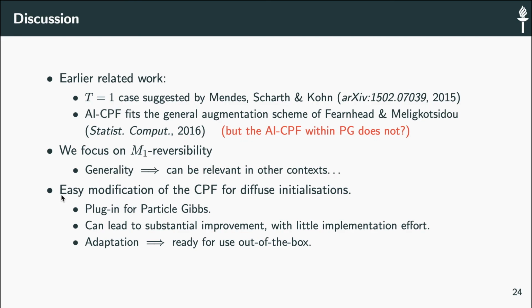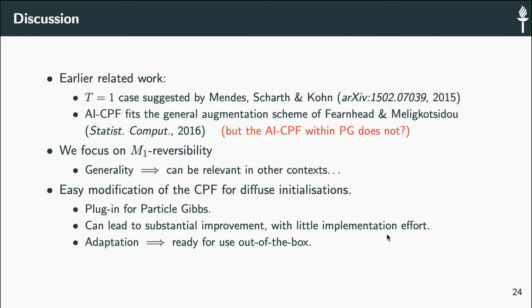And just as a take-home message, I think this is an easy modification of the conditional particle filter if you have diffuse initializations. You can just replace your standard conditional particle filter in the particle Gibbs by plugging in the auxiliary initialization method.